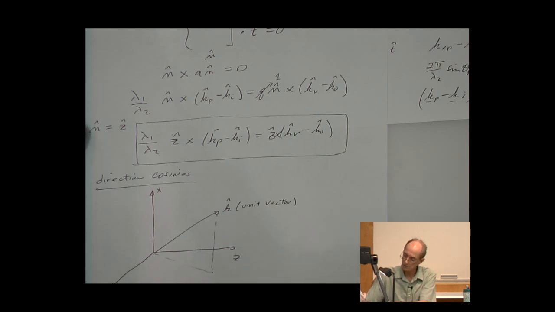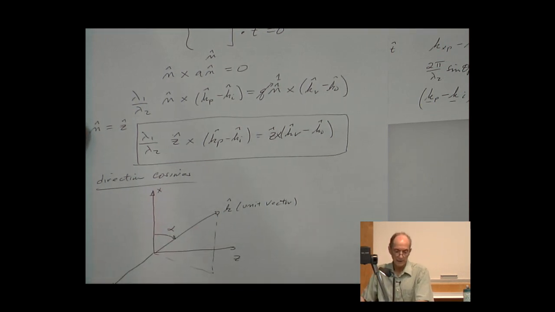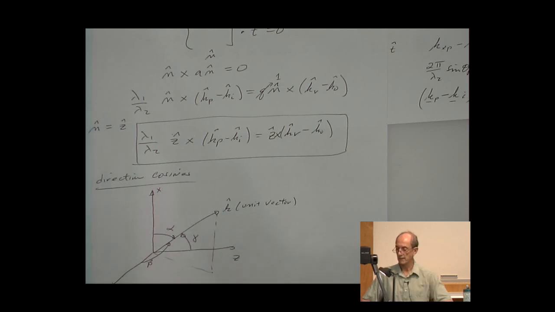All right, and so relative to the x-axis we have an angle alpha, relative to the y-axis we have an angle beta, and relative to the z-axis we have an angle gamma.